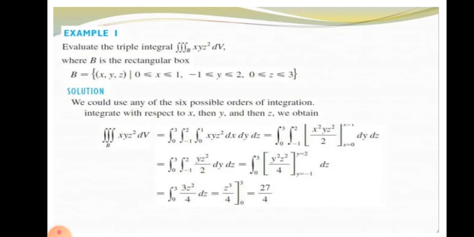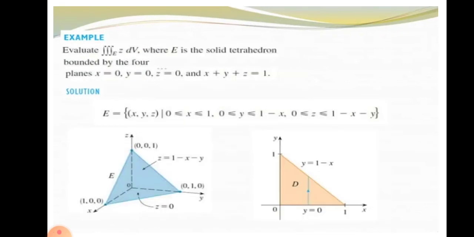If we integrate that with the limits of dy, we come up with the last remaining integral of dz from 0 to 3 of y squared z squared all over 4. Substitute the values of negative 1 and 2, and we come up with 3z squared all over 4 dz. Evaluate that with the last limit, so we have 3 over 4 times z cubed evaluated from 0 to 3, and that is equal to 27 over 4.